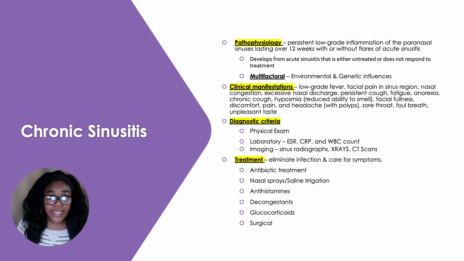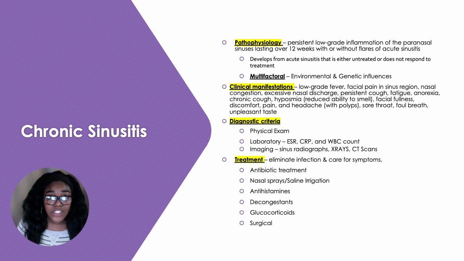So it does develop from acute sinusitis that is untreated or does not respond to treatment, and it can also be multifactorial as far as its etiology. So it could be environmental or genetic influences. Some individuals are more prone to develop chronic sinusitis than others.